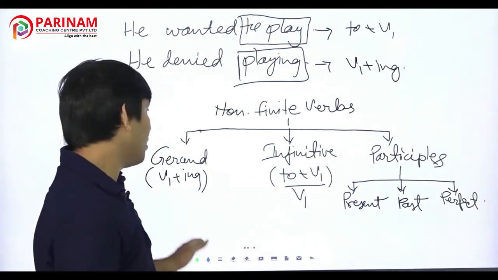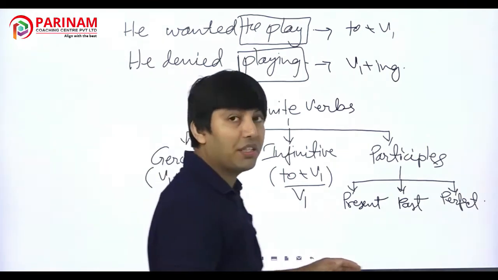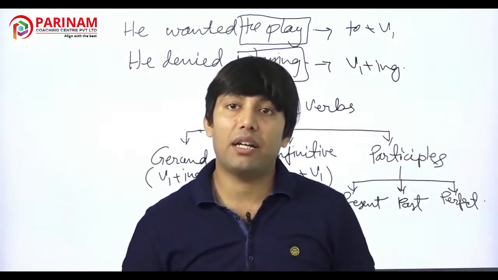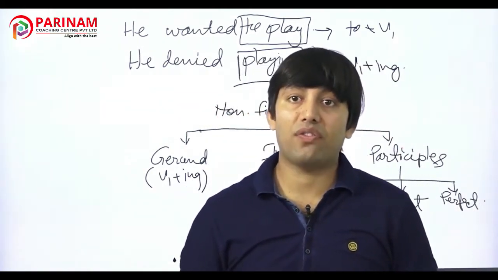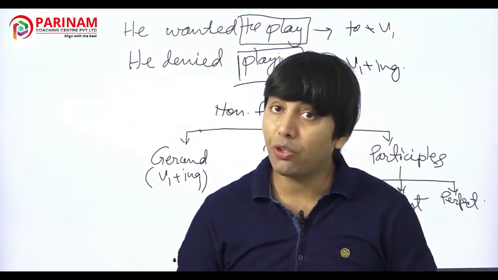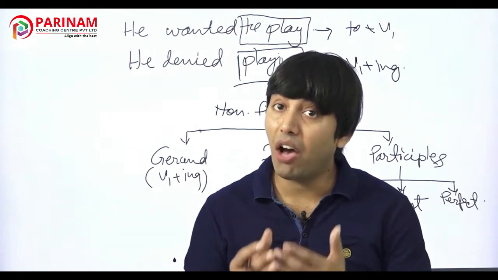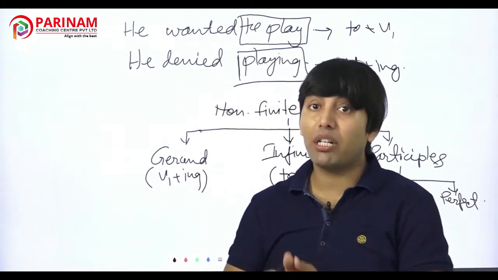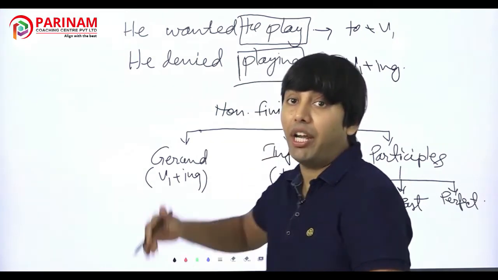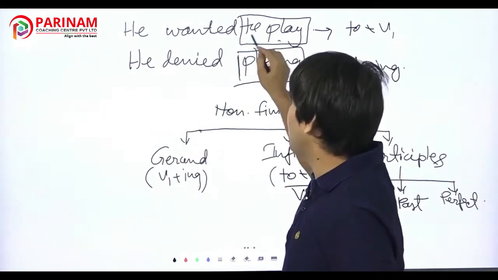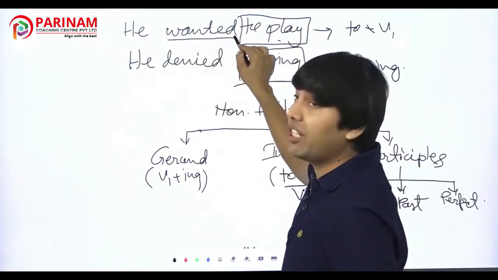That means the gerund, the infinitive, and the participles don't change their form according to the tense and the subject of the sentence. They change their form according to the word they are written after. Here I had written to plus V1 because it is written after the verb wanted.